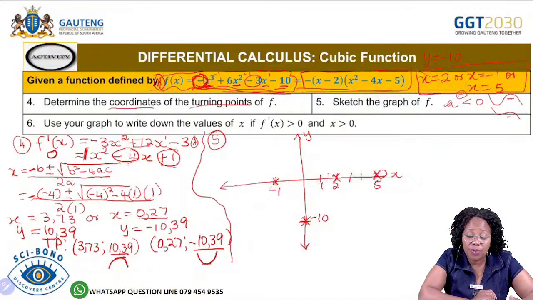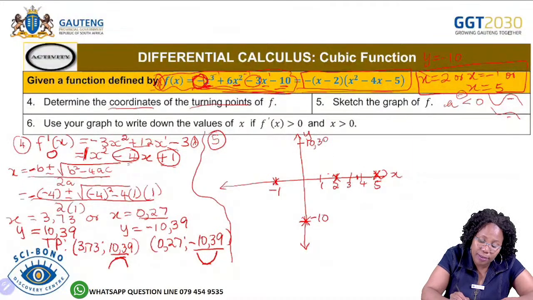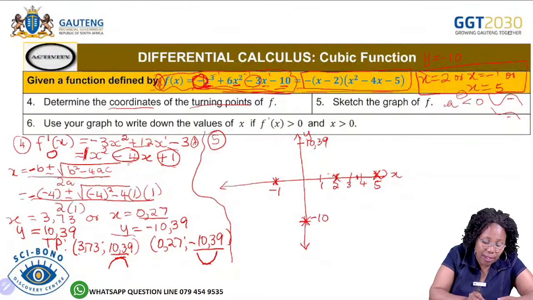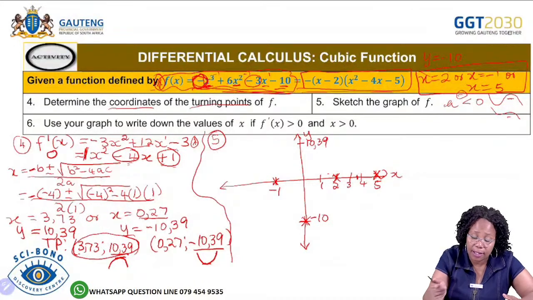And then now, can we bring in our turning points? The graph is turning at 3,75. 3,75 is between 3 and 4 there. And then 3,75 is coordinating with 10,39. This is a pair. It is coordinating. You can't put a point on x and a point on y. X exists, and y exists.